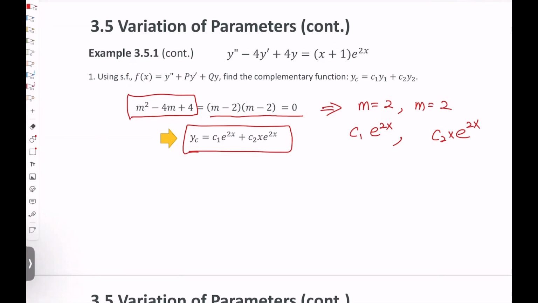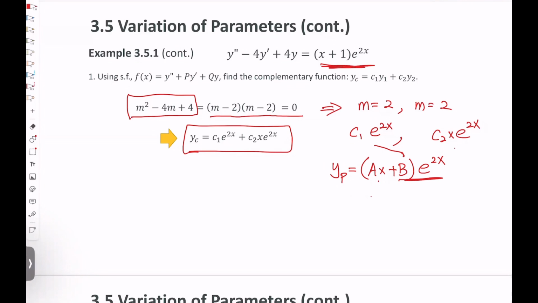Now in the undetermined coefficients technique from section 3.4, we need to look at the right-hand side, and we need to let yp equal (ax plus b) e to the 2x. But we cannot do that because e to the 2x is right there, x e to the 2x right there.